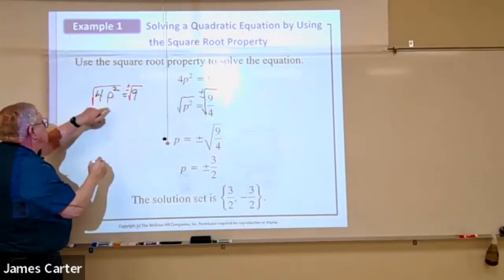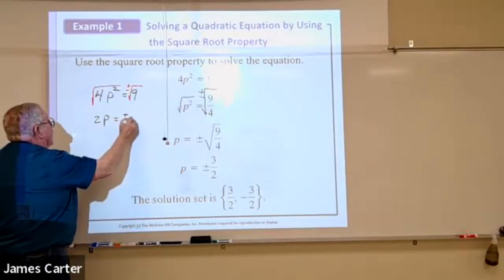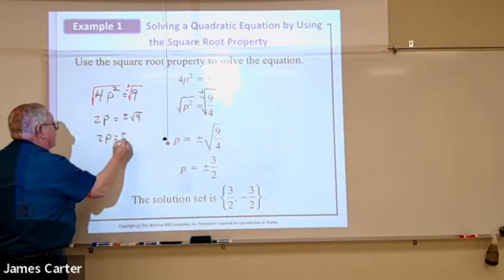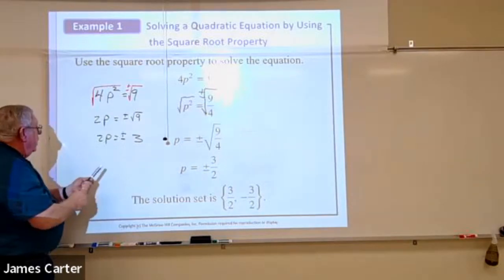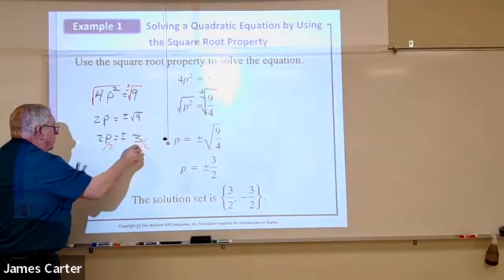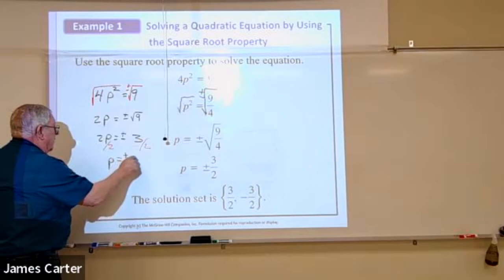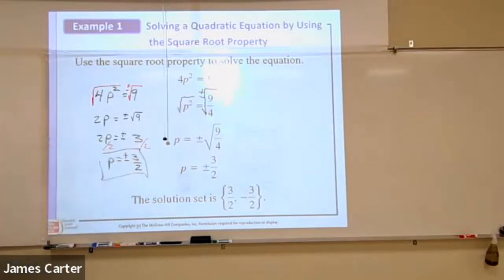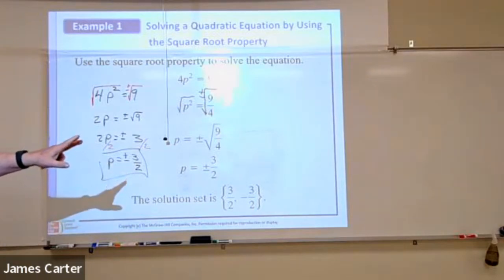What's the square root of p squared? P. And over here, I get plus or minus radical 9. So 2p equals plus or minus 3. And now I divide both sides by 2. So I get p equals plus or minus 3/2. Okay. Now, that's how I probably would have shown the work myself. Either way is perfectly okay.